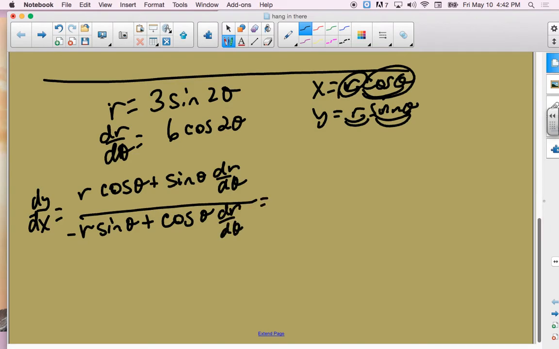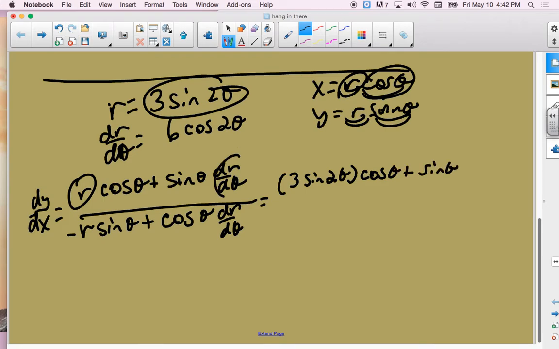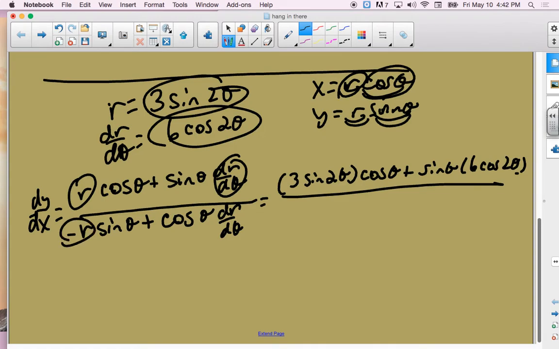Then you start subbing in r is 3 sine 2 theta, cosine theta, sine theta, dr d theta is 6 cosine 2 theta, negative r being negative 3 sine 2 theta times sine theta plus cosine theta times 6 cosine 2 theta. And then they would say theta equals pi over 6 or whatever, and you fill that in for theta, and you'll get the slope of your tangent line.